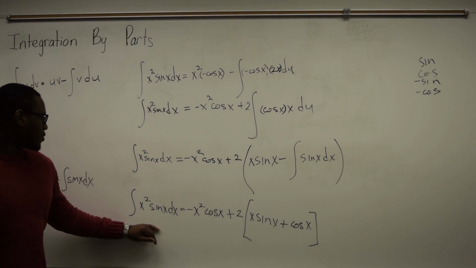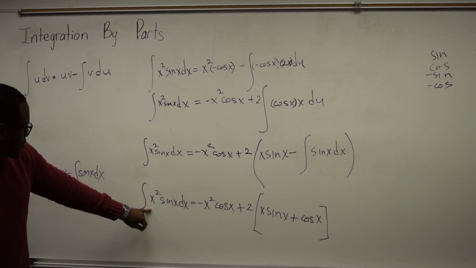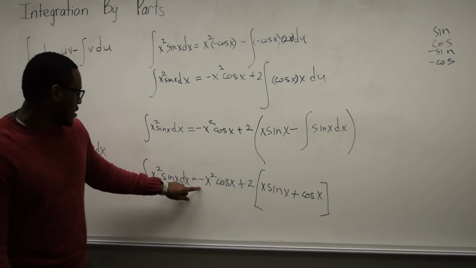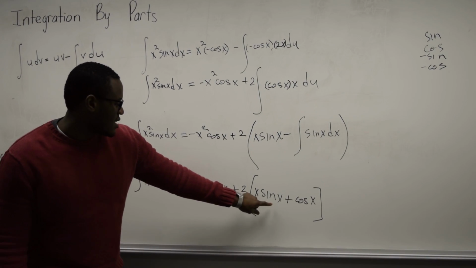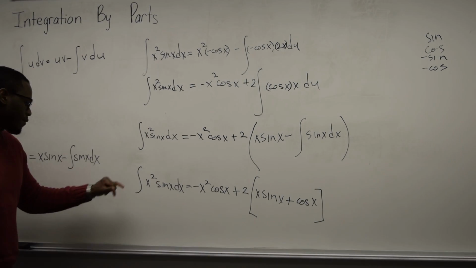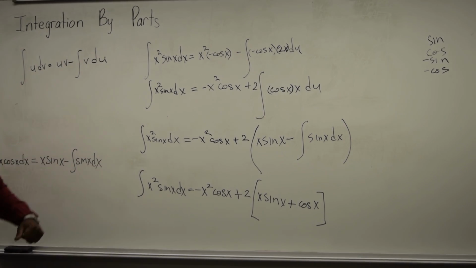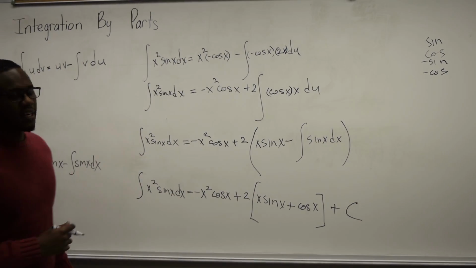Alright, so we did all our work already, and so this is our end product. The integral of x squared sine of x dx is equal to negative x squared cosine x plus 2 times x sine of x plus cosine x. And don't forget, this is an indefinite integral, meaning we didn't label what our bounds are, so we have to put the plus c, which is our constant of integration.